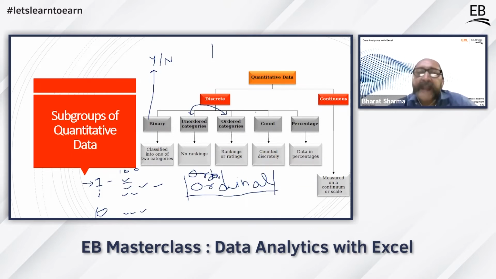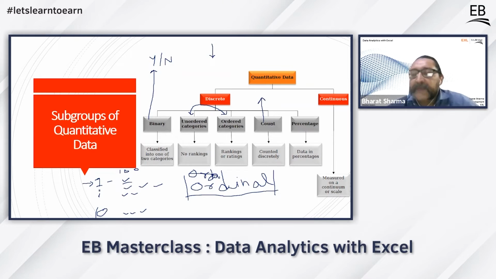Then the next category within discrete is count. This is the most available data that we have. Count has a property: you can only count the occurrence of something, but you will never be able to count the non-occurrence of that thing.